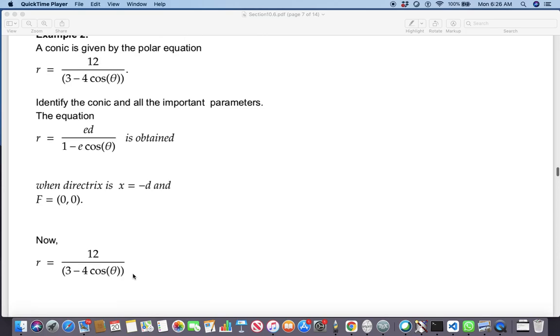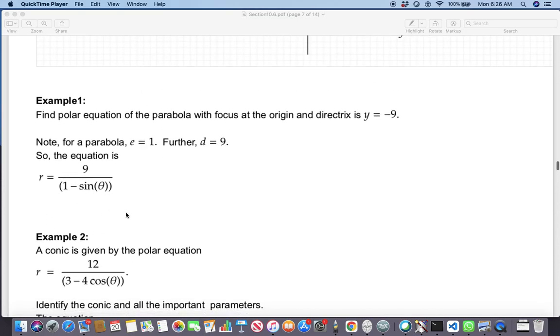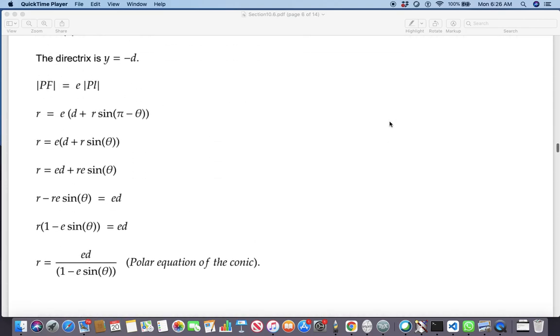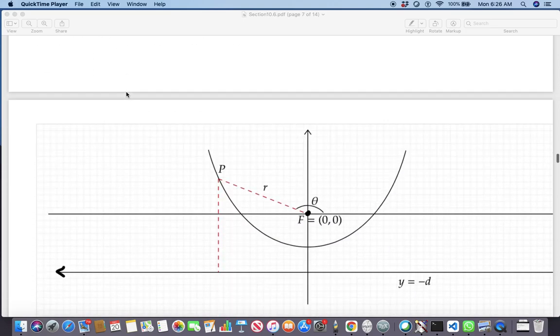Directrix is below, so you're using the last case, case 4. Directrix is below the x-axis.